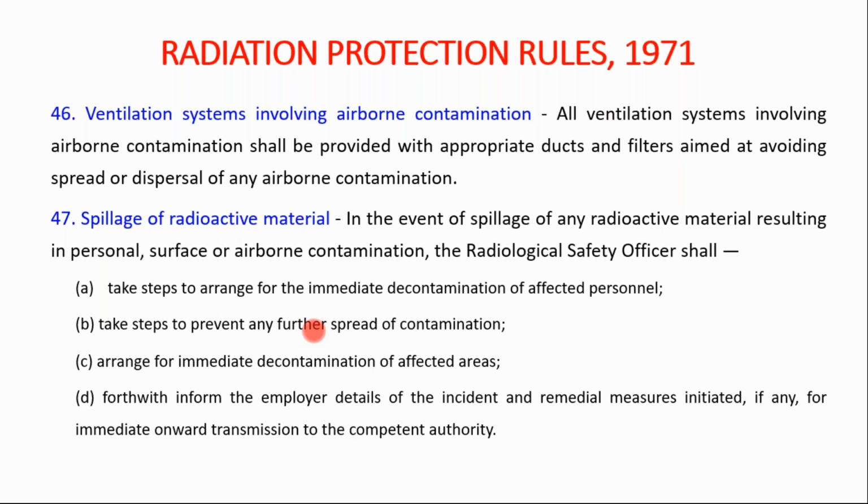Depending on the case, if it is a controllable case, if you can decontaminate the person or the area, or if you are capable of controlling the spread of contamination, then you have to inform only the employer that this incident happened, that the spillage of that material happened, and that we have controlled all these activities, and decontaminated that person or the areas by this method, etc. And if it is not controllable, then you have to inform the competent authority for further guidance and steps.